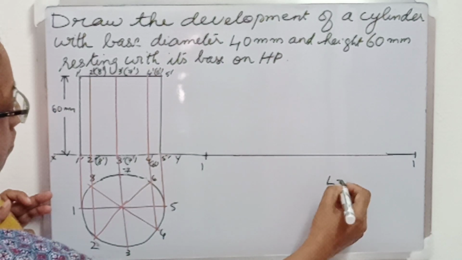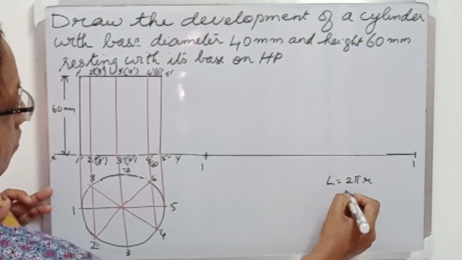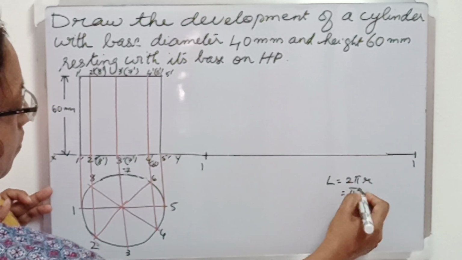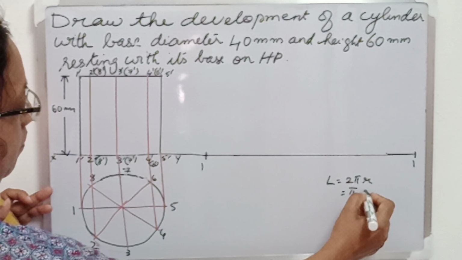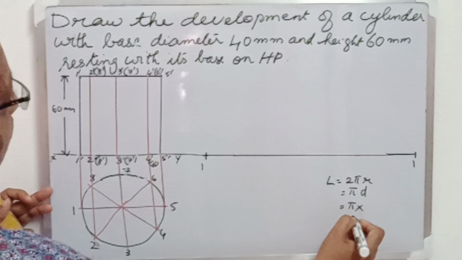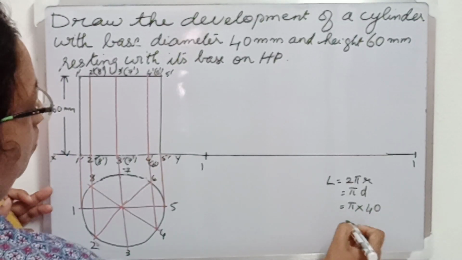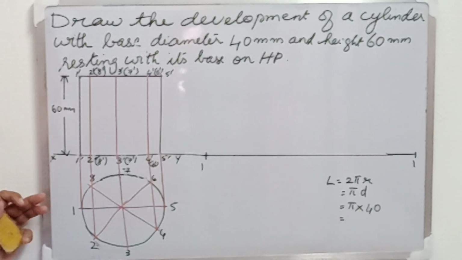So the length of this line 1, 1 will be equal to 2 pi r, or also we can write pi d. Now we know the diameter d is 40 mm, so pi into 40. This will be the length of the line 1, 1.